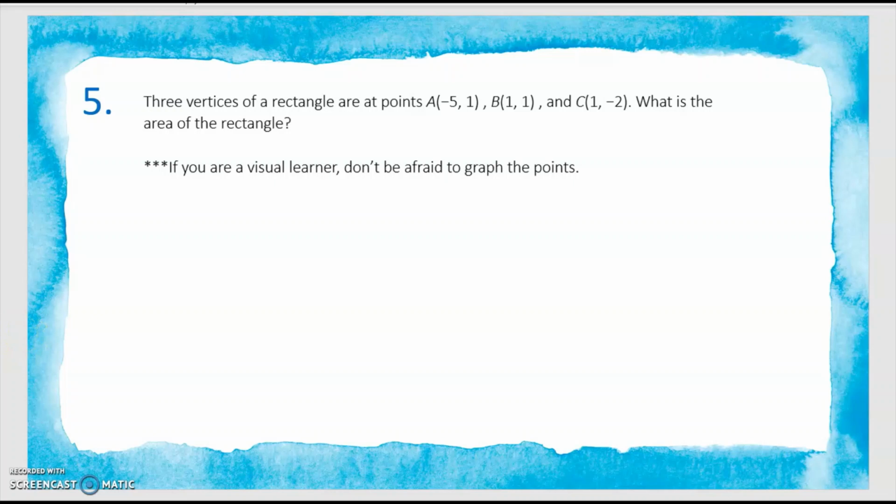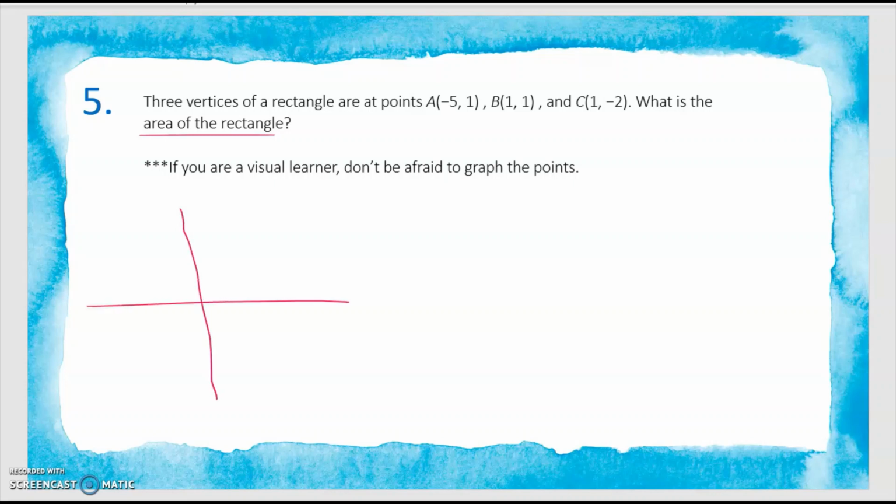Okay, for number 5, 3 vertices of a rectangle are at points (-5, 1), (1, 1), and (1, -2). What is the area of the rectangle? If you're a visual learner, don't be afraid to graph the points. That is me.